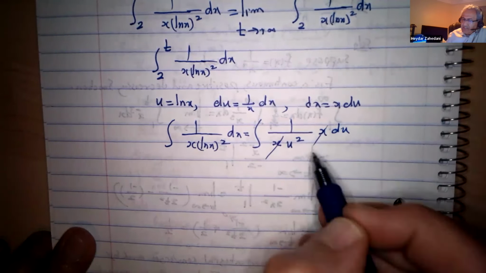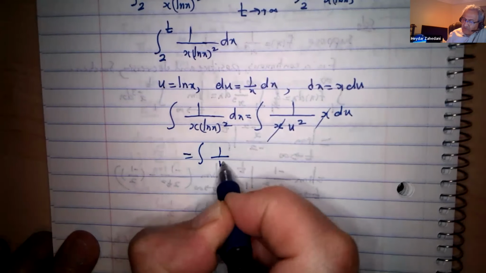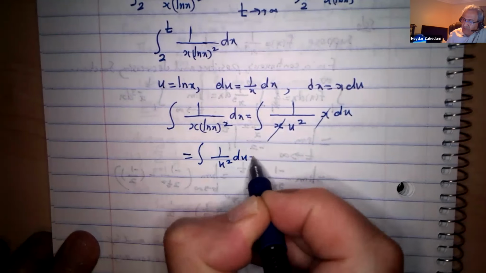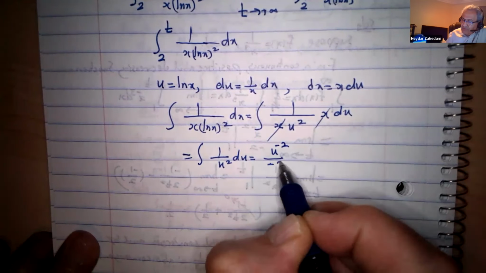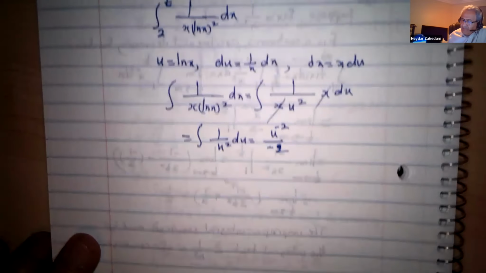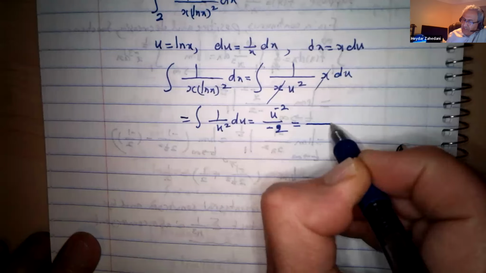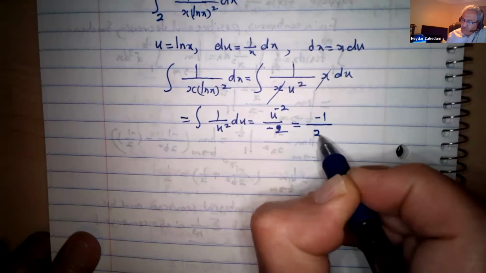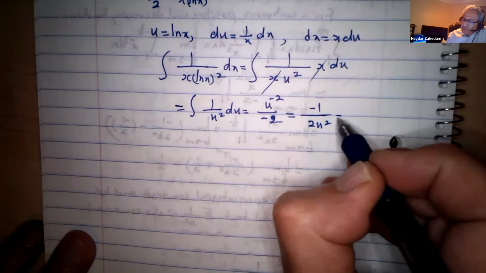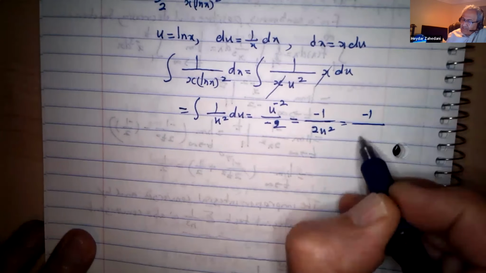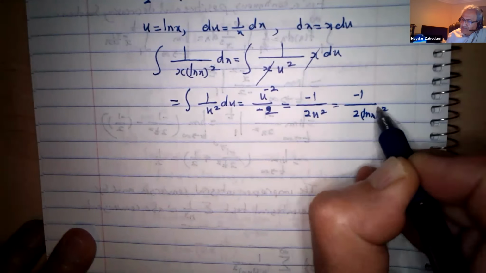So these two cancel out. That gives the integral of 1 over u squared du. You know this is going to be u to the negative 2 over negative 2, no constant of course. Then you turn it over. It would be negative 1 on the top and 2u squared. But what is u? Remember, u is ln x. So that gives you negative 1 over 2 ln x all squared.